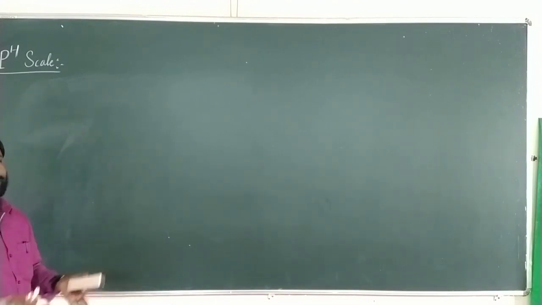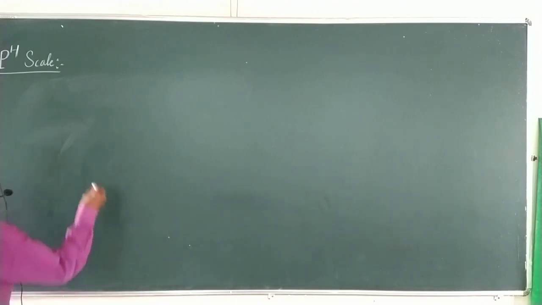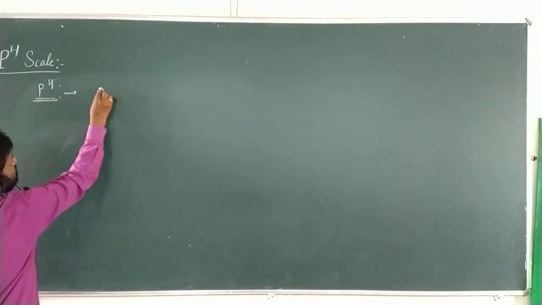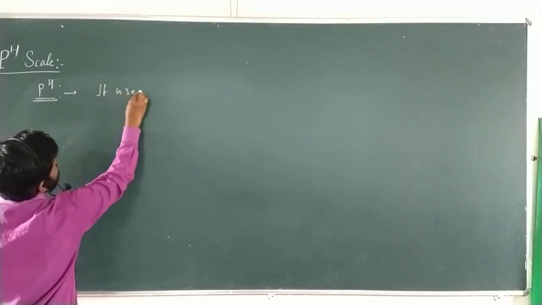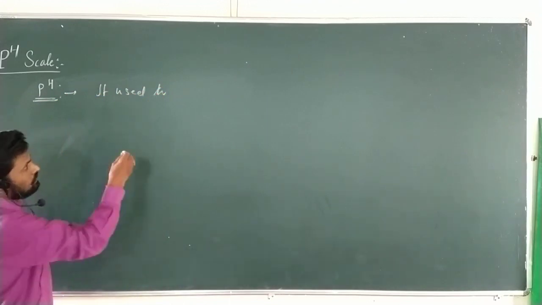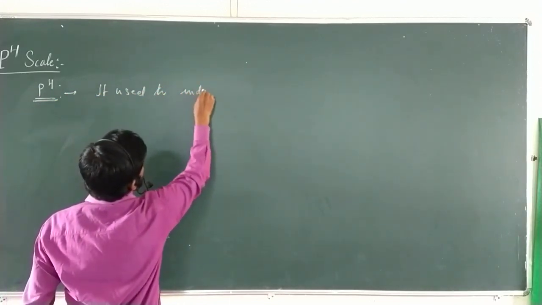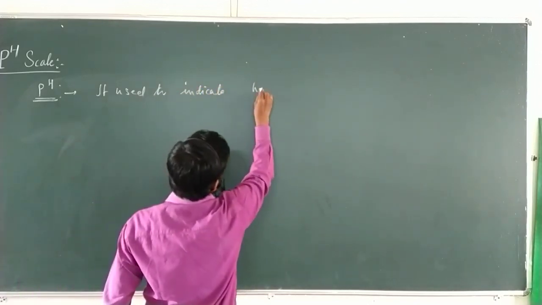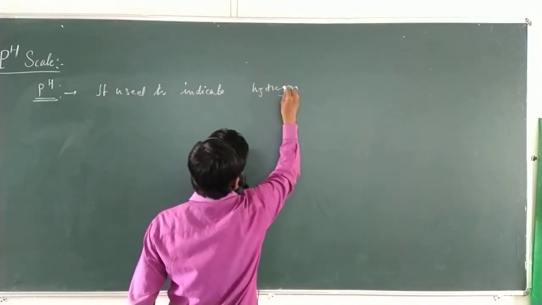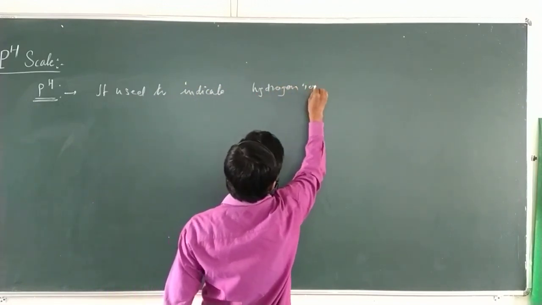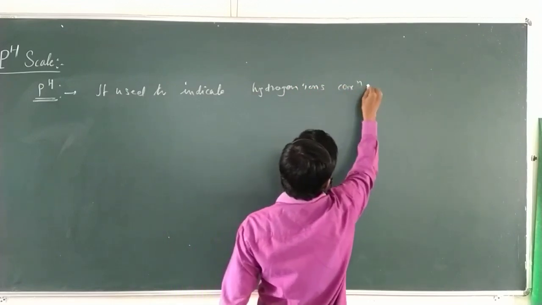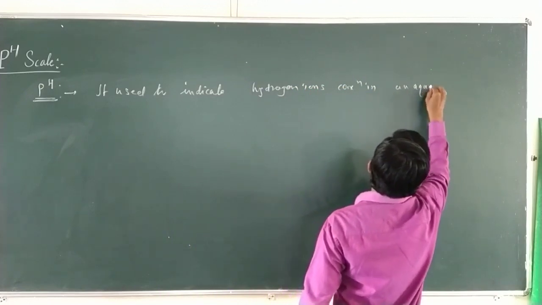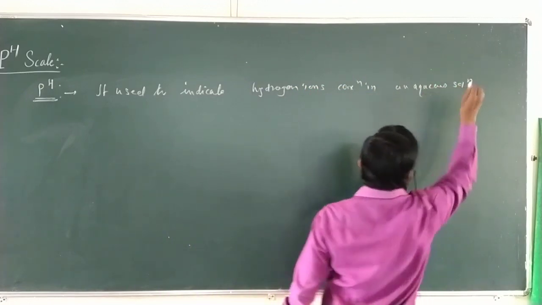The acidity of a given substance is measured by the pH. pH is used to indicate hydrogen ion concentration in an aqueous solution.